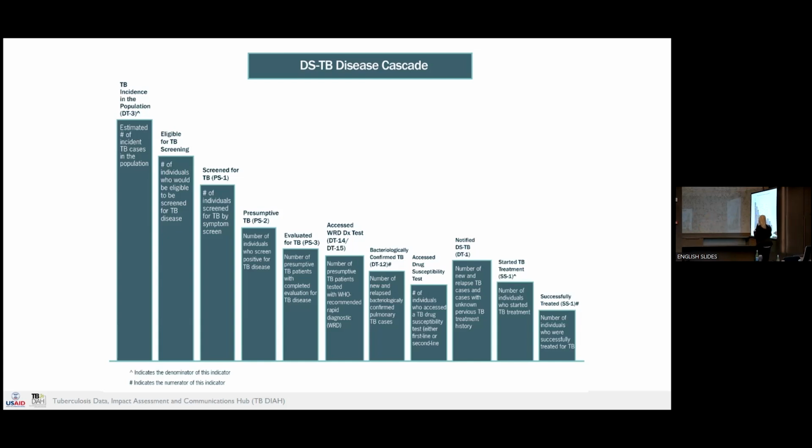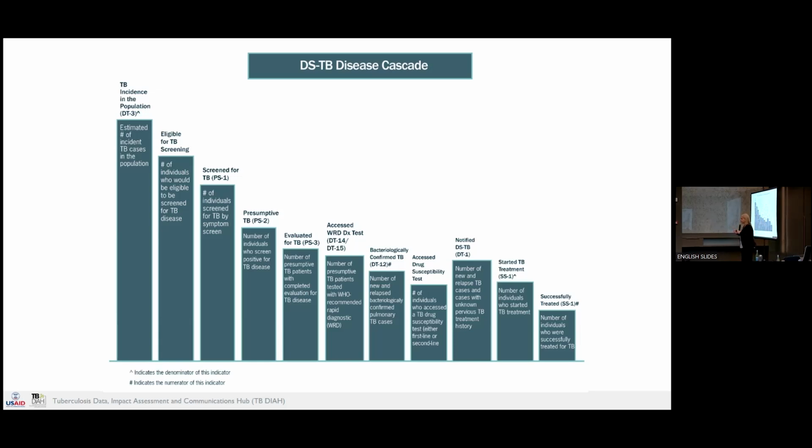Then, of those who were reviewed to have TB, the treatment number is almost coinciding. Okay, so yes, here we have a number of people who did not believe that they have TB, but these are only those who are not bacteriologically confirmed.